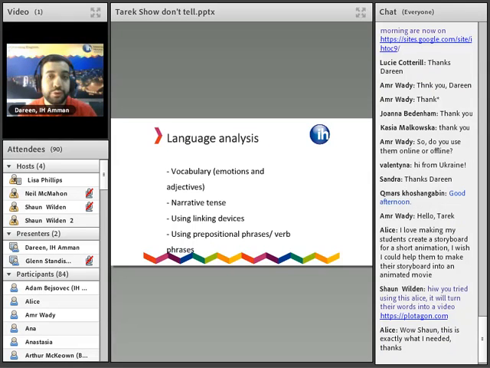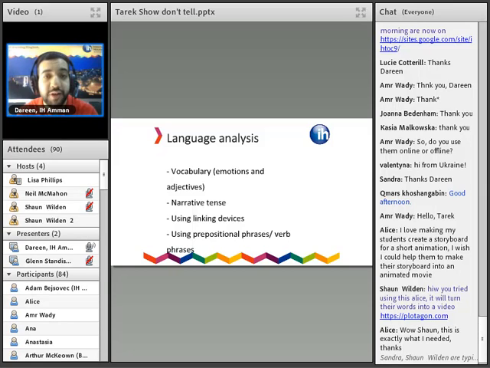You can teach them how to use linking devices. They can also use prepositional phrases or verb phrases in writing the story, how to start, how to end, how to organize your ideas.